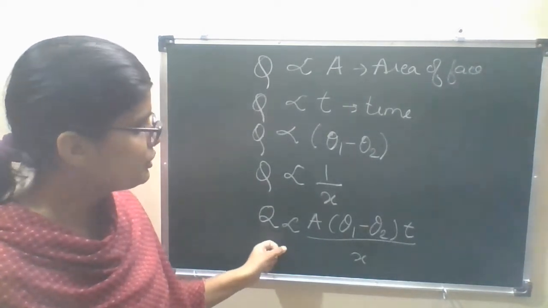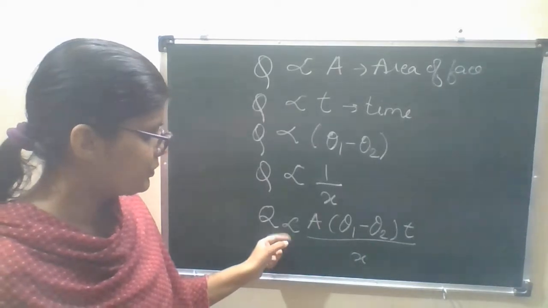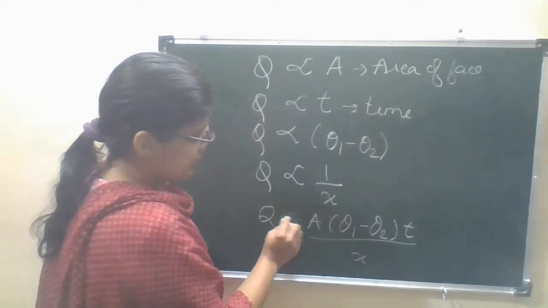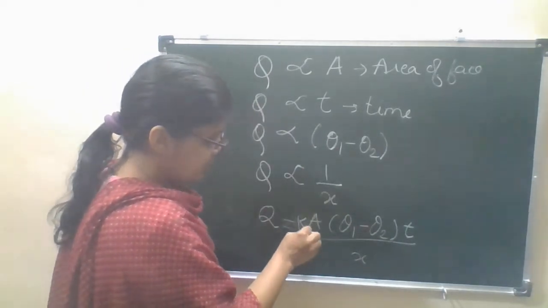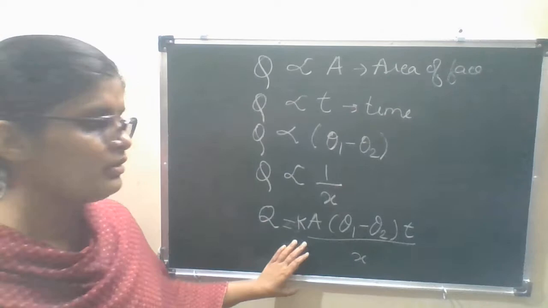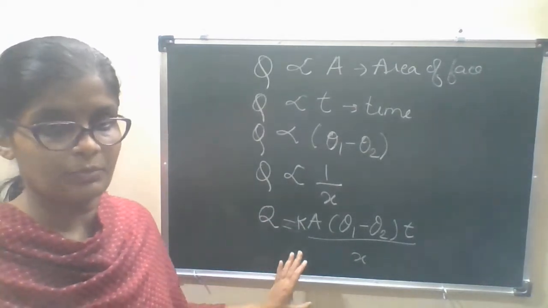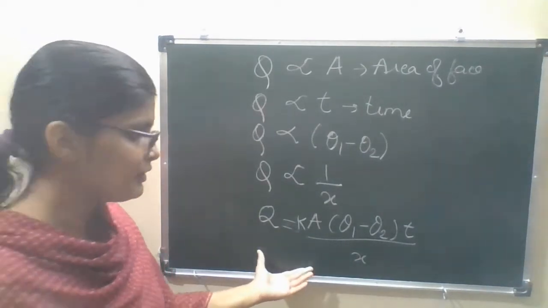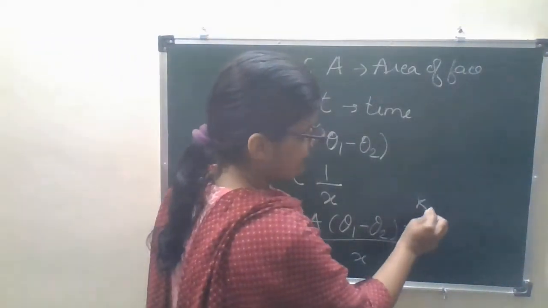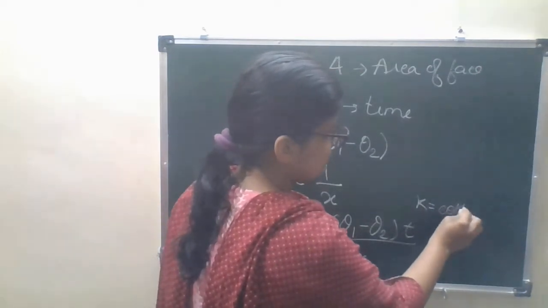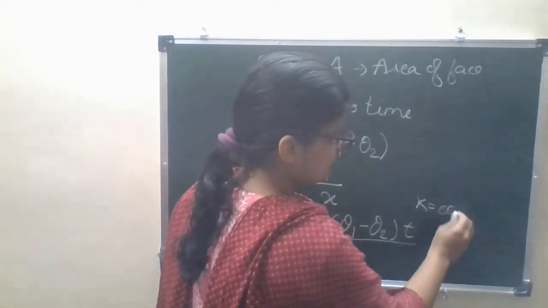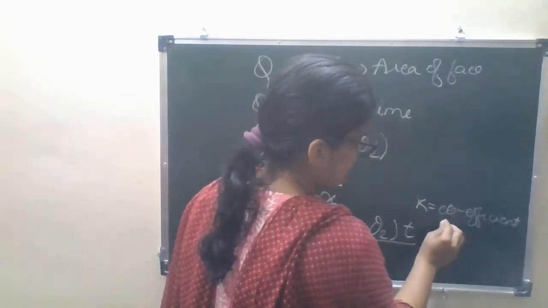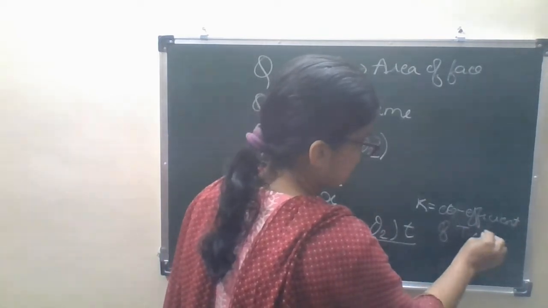Now in order to remove this proportionality sign, what will be the next step? The next step will be to put an equals sign, and K will be the proportionality constant. And the name of the proportionality constant is given as, where K is equal to the coefficient of thermal conductivity.